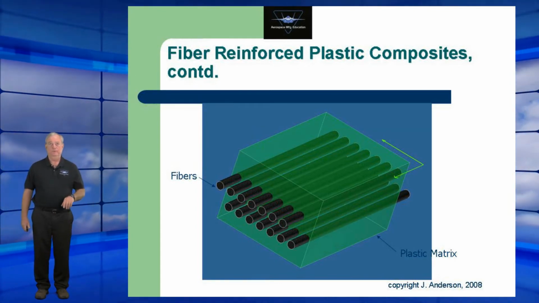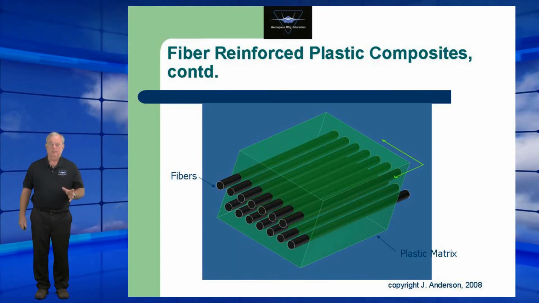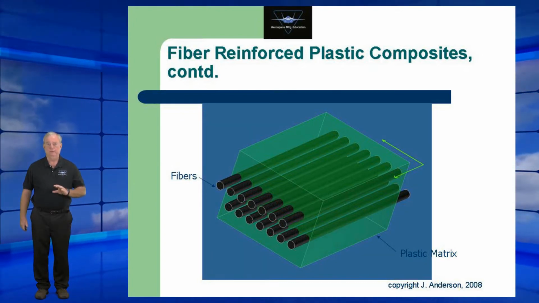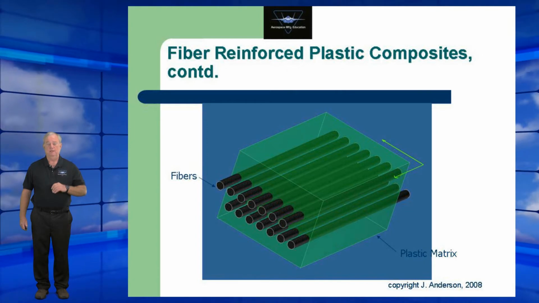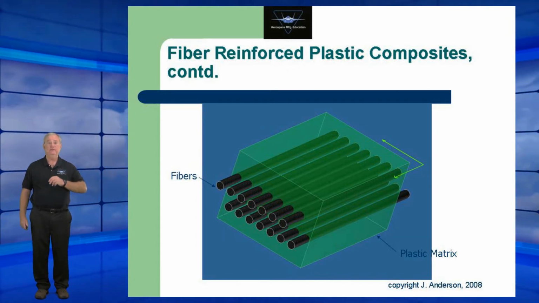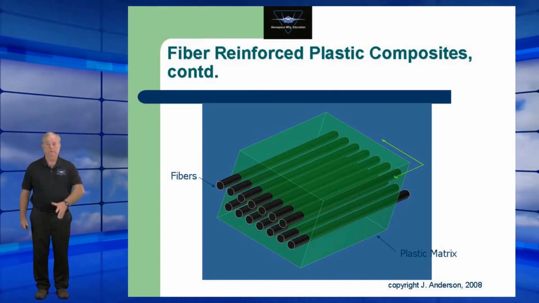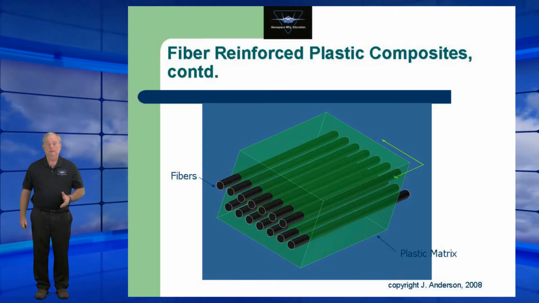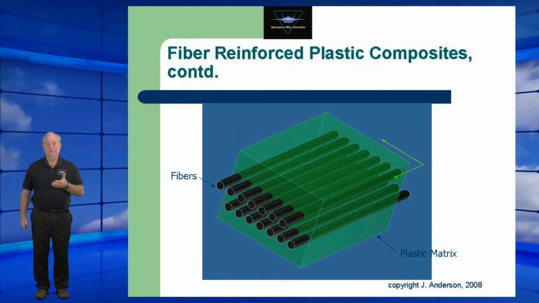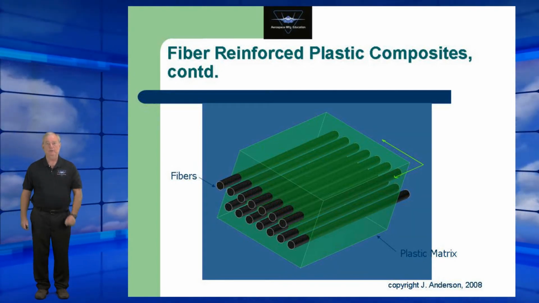So this is fiber reinforced plastic composites continued. And you'll see later in the slides, we try to use a lot of real life imaging. So you'll actually see composites being made, or you'll see the part, or you'll see the machinery. And I think that's very instructive in imparting to the students a sense of how the theory actually works in real practice.